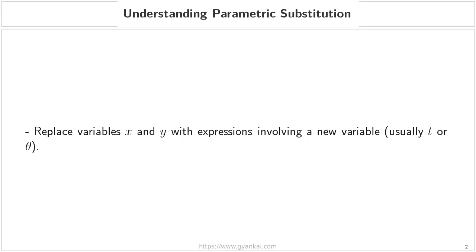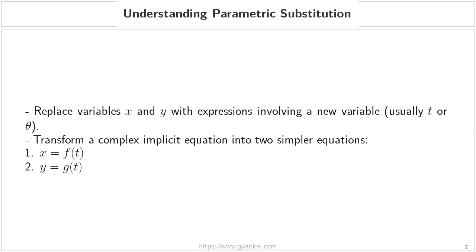In mathematics, we typically use the letter t or the Greek letter theta for this purpose. By doing this, we transform a single, complex implicit equation, where x and y are tangled together, into two separate and much simpler equations. Specifically, we express x as a function of t, and y as a function of t. This effectively decouples the variables, making them easier to handle individually.